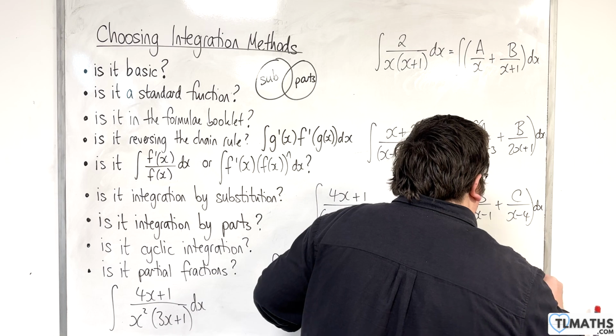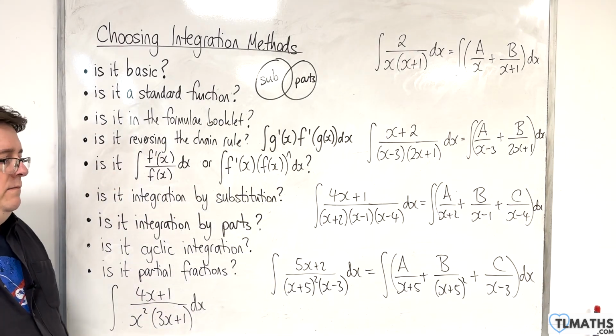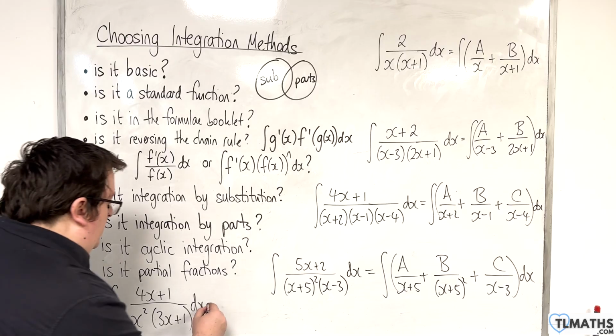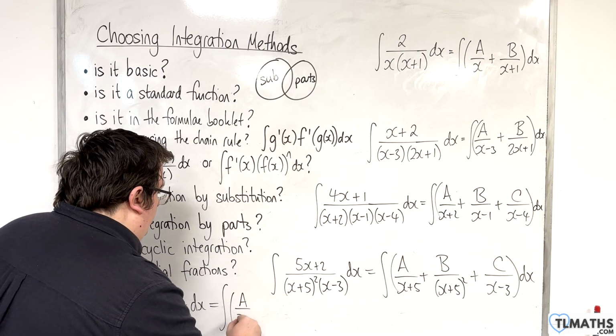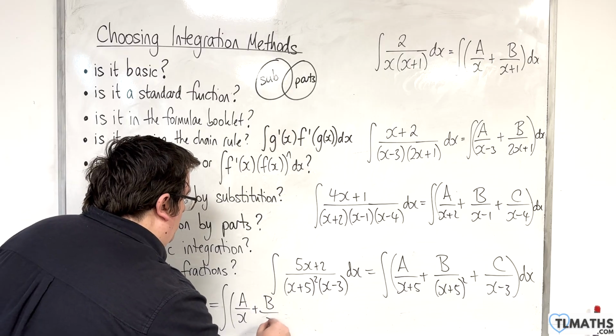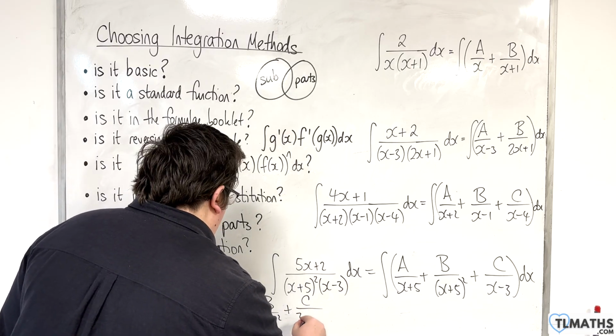So that's the format of the partial fractions there. Find a, b and c, then integrate. This one, similar vein, you've got x squared, so that's the integral of a over x plus b over x squared, so you want x to the 1, x to the 2, and then c over 3x plus 1.